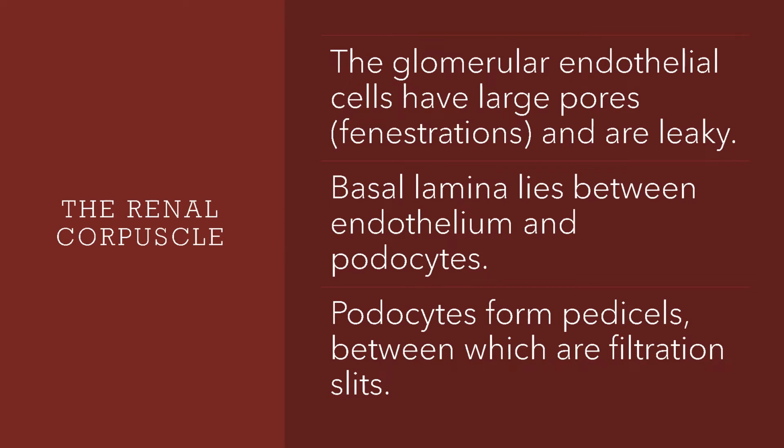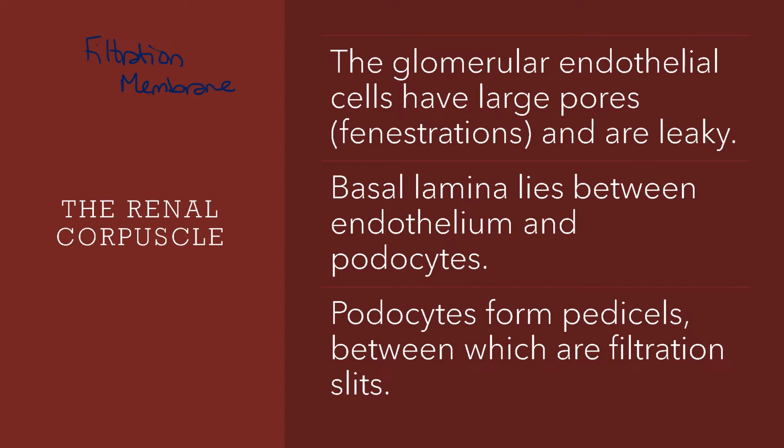So together, the glomerular capillaries and the podocytes, which completely encircle the capillaries, form a leaky barrier which is called the filtration membrane. I'll write this down here. The filtration membrane is going to be a combination of the glomerular capillaries and the podocytes.